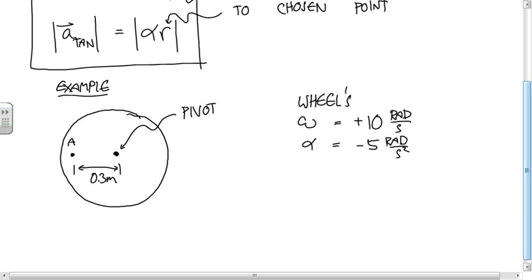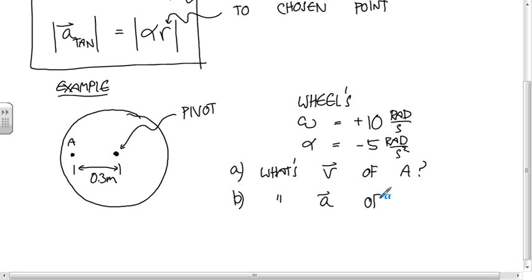And we want to calculate two things. First, what's the velocity vector of the point A? And second, what's the total acceleration vector of the point A?